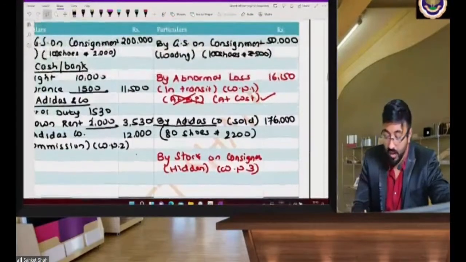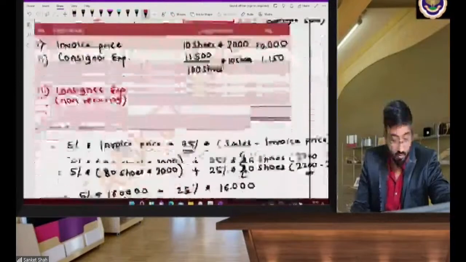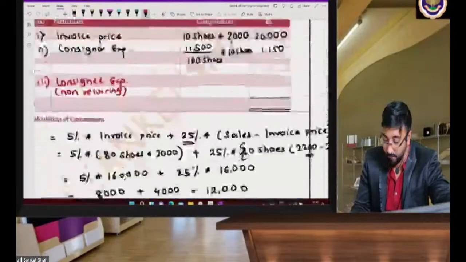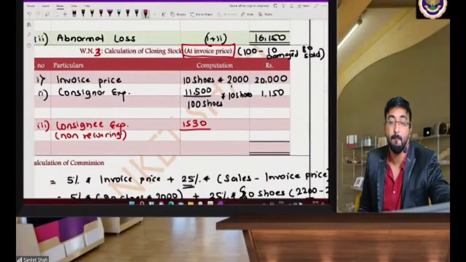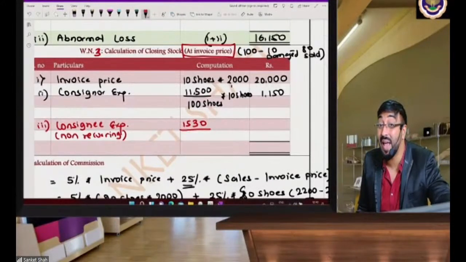So octroi duties only you are going to consider. 1530. But wait, now very important. On how many shoes? Out of 100, 10 shoes are already damaged.